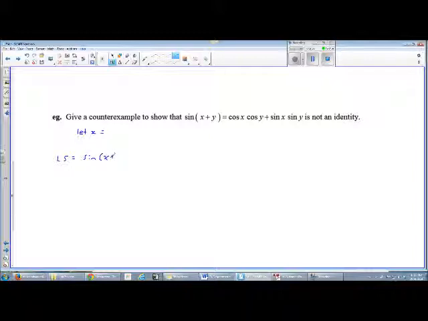If they are equal, try another combination of values, and if they do not equal, then you're set. You've found the counterexample. So please pause the video and give it a little bit of thought yourself.